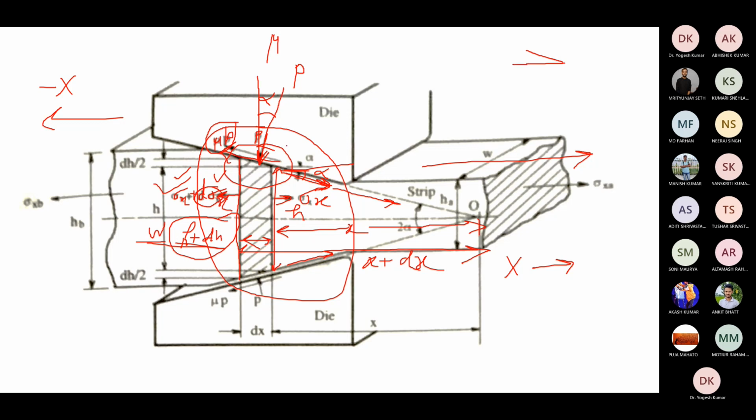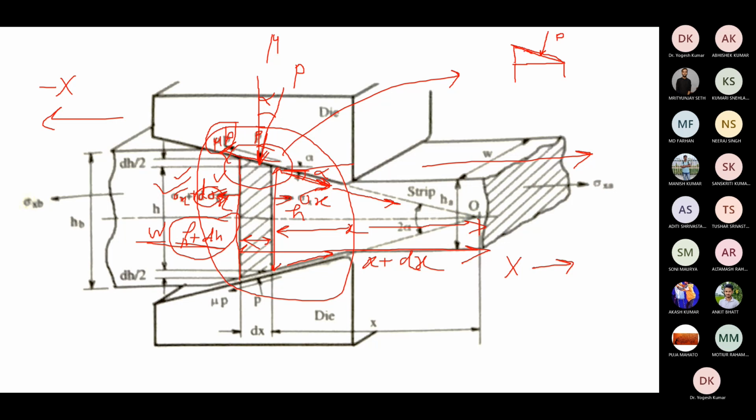So I am enlarging this portion, and this is the enlarged portion of your strip. You are having a force P perpendicular to this strip, and you are having an opposing force on this inclined plane.